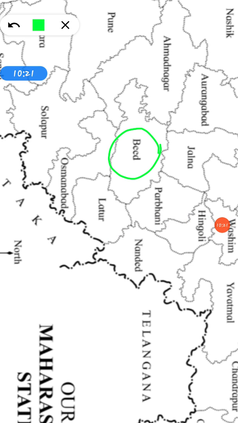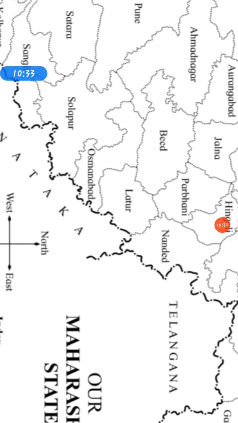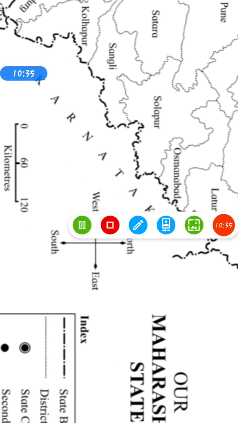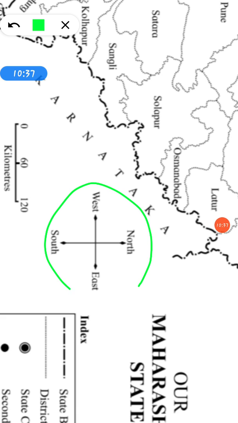If we place the compass rose, or the compass rose is also used as a direction given in the index. See, here the directions are already given: north, east, west and south. So we use these directions as the compass rose.